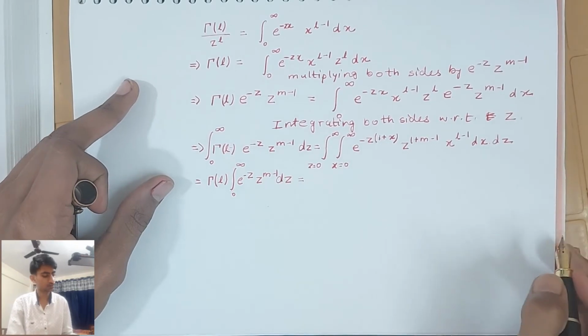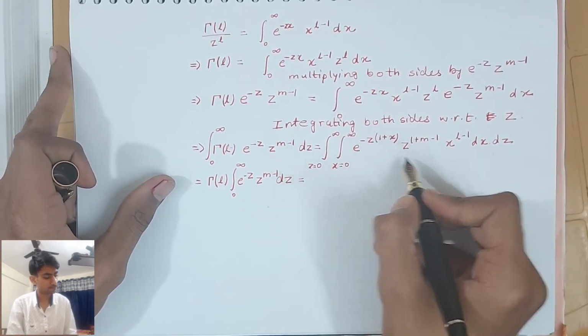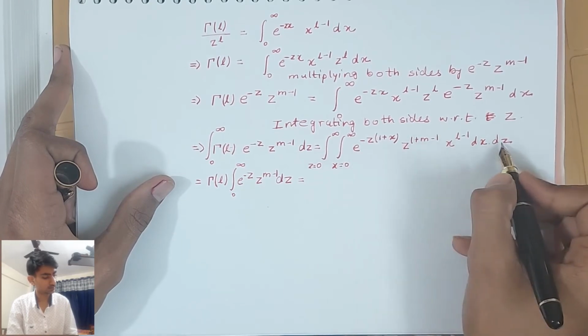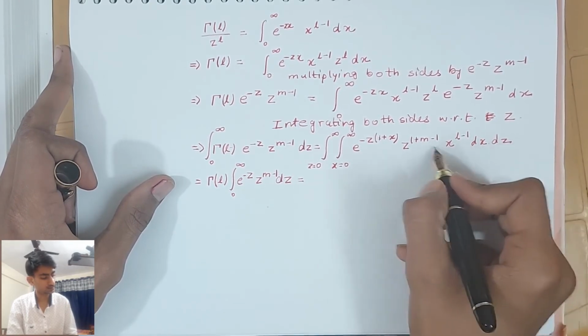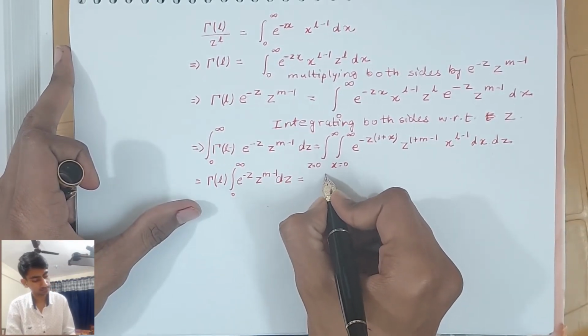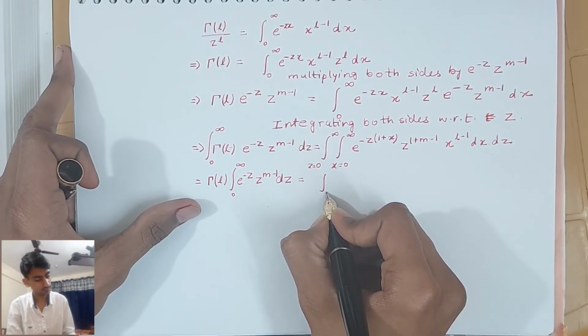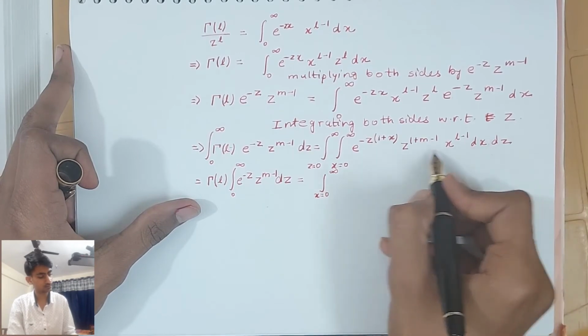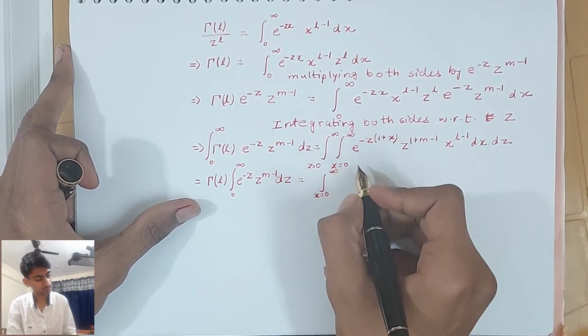And on the RHS, if I see only the parts where z exists, then I can integrate that part. The integral from 0 to infinity for x stays outside, since x is still independent of z.